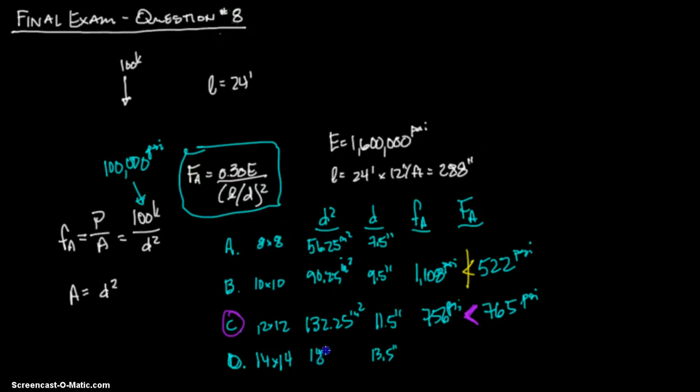It is 182.25 inches squared. Okay, so FA is going to be 100,000 divided by D squared, or area, which is 182.25. And that's 54, 55, we'll say 55. What did I do here? That doesn't make any sense.